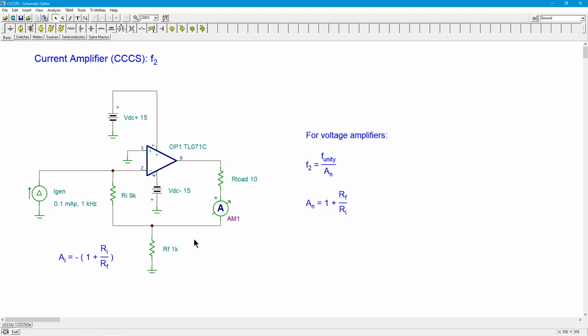If you look at this, you realize that the positions of Rf and Ri in the voltage amplifiers, those don't exist here. Rf in either of those voltage amplifiers went from the output of the op-amp back to the inverting input.